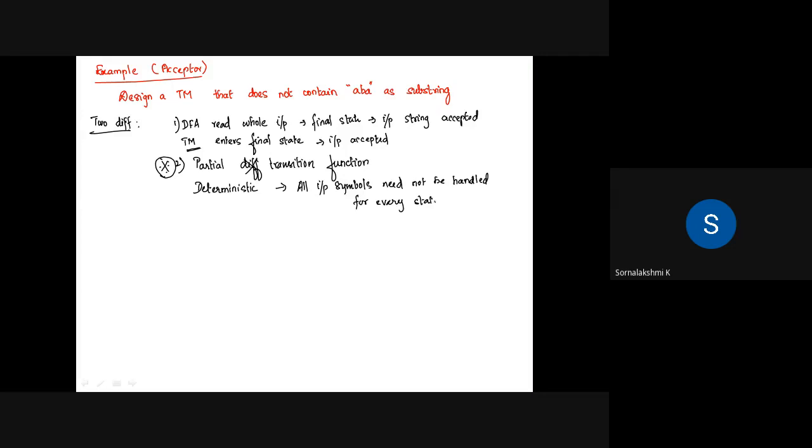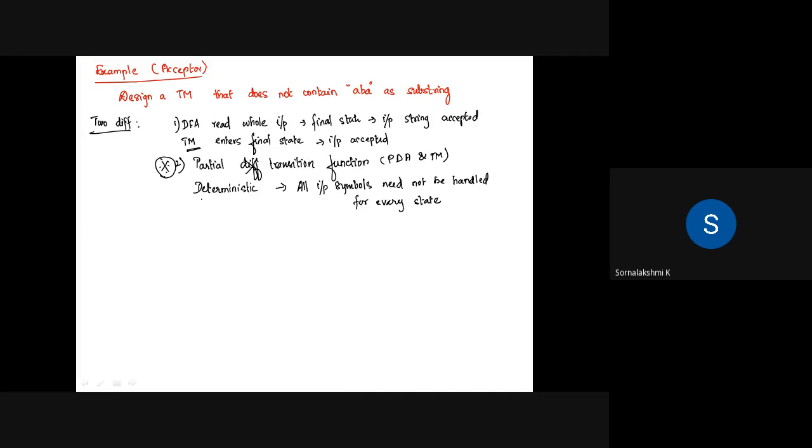For DFA, for a finite automaton, we don't do this, only for the non-deterministic cases. In non-deterministic cases, we have dead configurations, as in when you don't handle an input symbol for a particular state, that means it's rejection, right? That is non-determinism in non-deterministic finite automata. In PDA and in Turing machine, we have only a partial transition function.